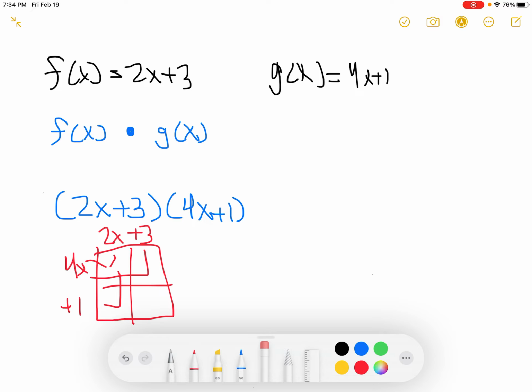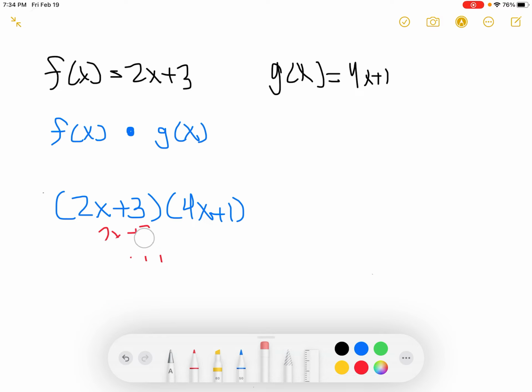But that's not really something I'd like to do. That might have been the way you were taught before, but I like to use something called FOIL. Maybe you've never heard of it, but that is an acronym for certain things you have to do when you're multiplying these different functions. F stands for first.